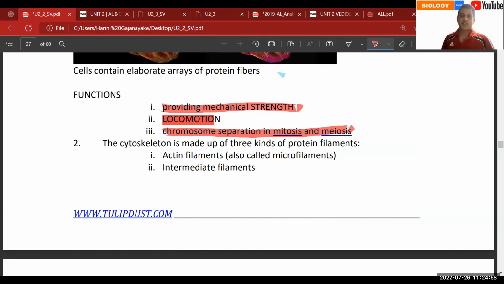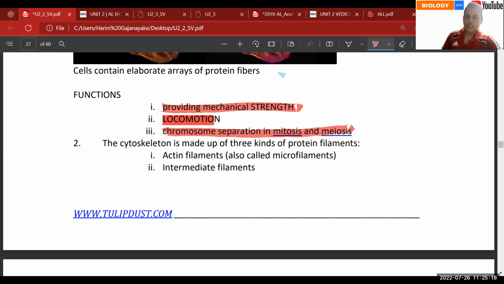Cytoplasm is a fluid-filled sac. The cytoskeleton gives strength to the cells, and the fibers can move around and provide movement for the cell's locomotion. The third function, we're going to learn in mitosis and meiosis.